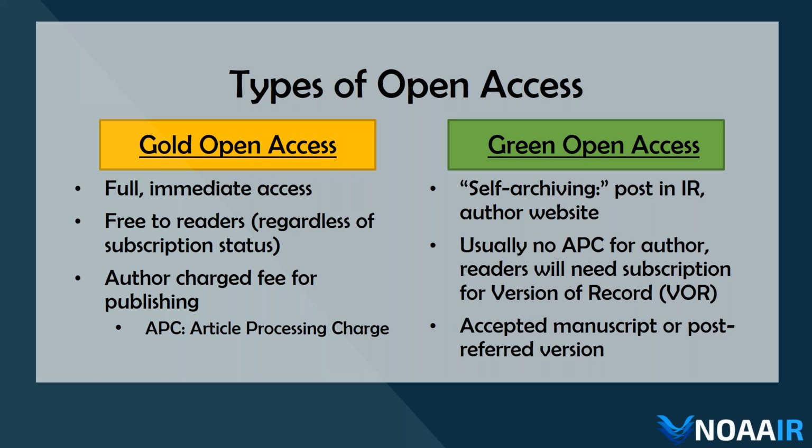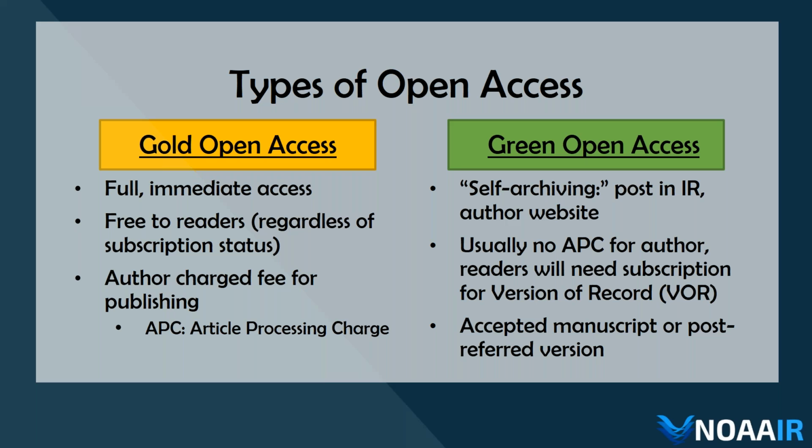For green open access, there is no APC for the author. However, other scientists, researchers, and readers are typically still going to need a subscription to view the version of record, or VOR.